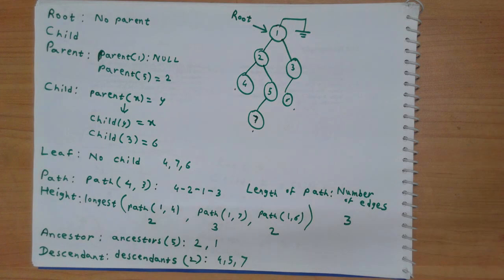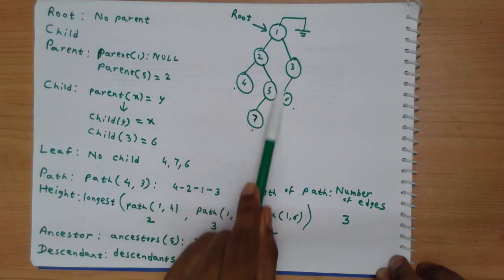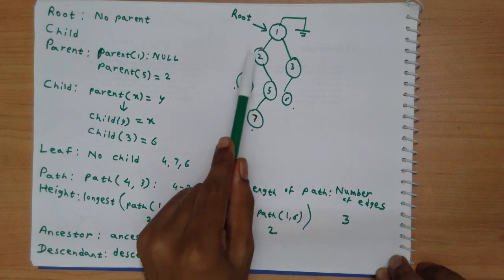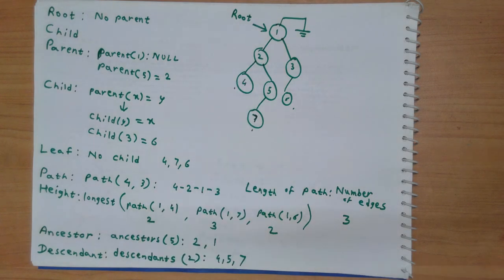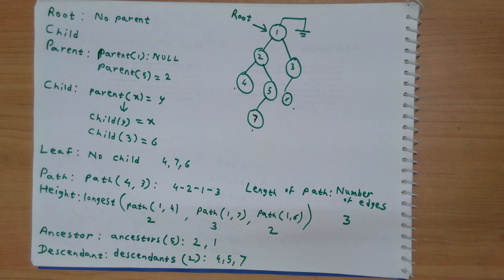So basically, given any node, the list of descendants is all the nodes which are present in the tree rooted at that particular node. Okay, so that's the definition for descendants. Okay, so these are the few important terms that we would use frequently while discussing the binary trees. So please understand them well.